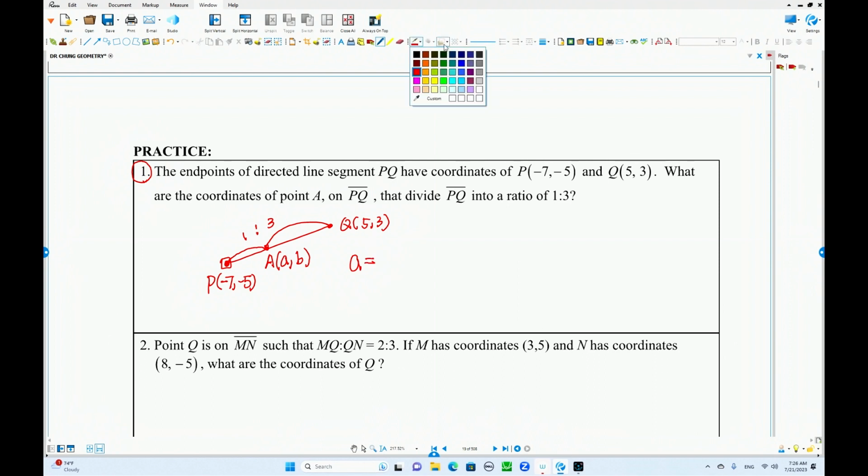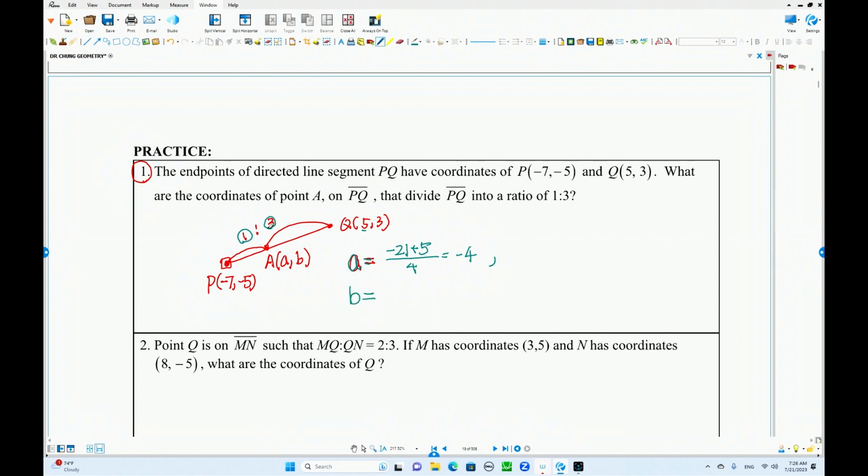What is that? I'm going to use a different color, okay? First one, 3 times negative 7, that is negative 21. Plus 1 times X coordinate 5 over the sum of these two ratio units. 1 plus 3 is what? 4, isn't it? So numerator negative 16 over 4 is negative 4, okay? So what about B?